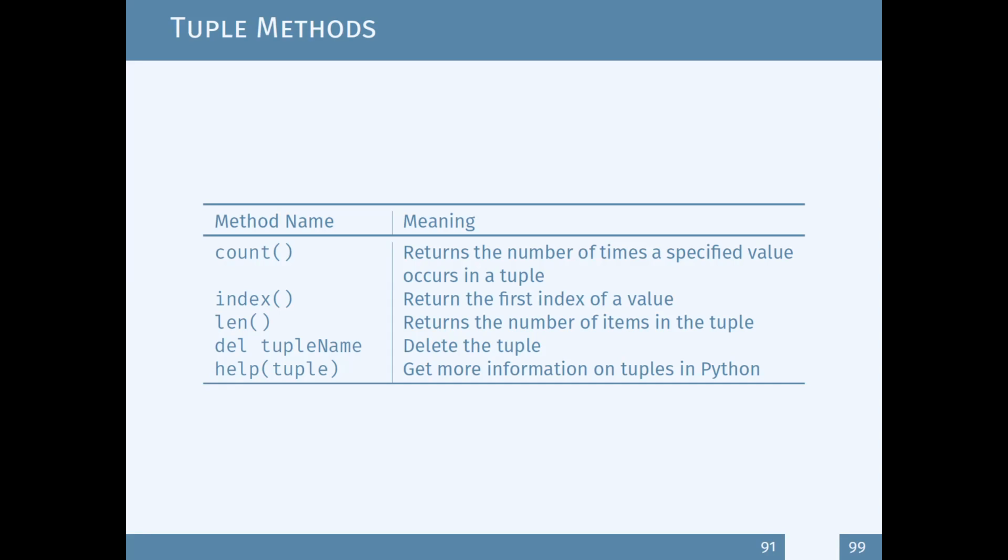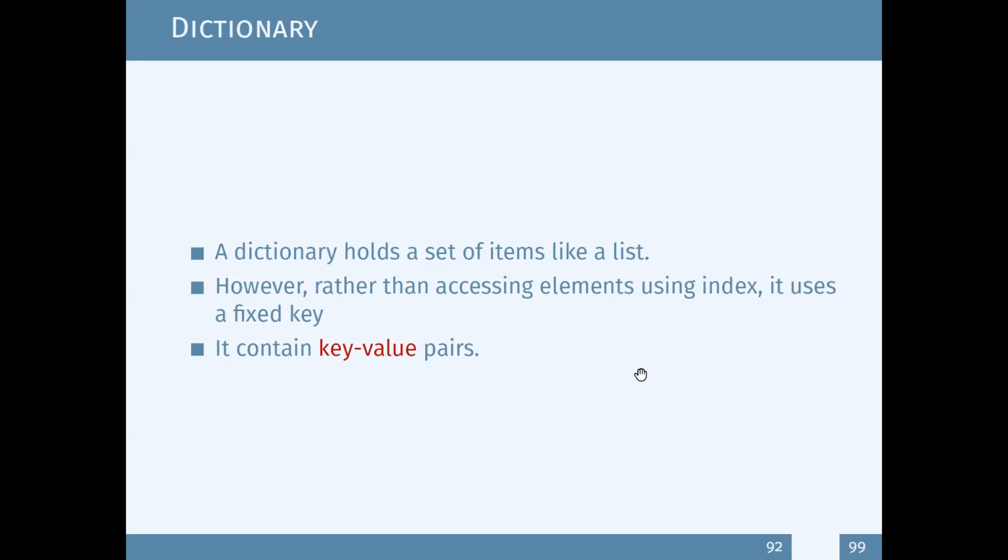The next data structure that we are going to discuss is called dictionaries. Again, dictionaries are quite useful in Python because this representation is very important. A dictionary is the same as a list in that it holds items. But when we are calling the item, we don't use numbers like in a list. In a list, usually we have numbers like 0, 1, 2.